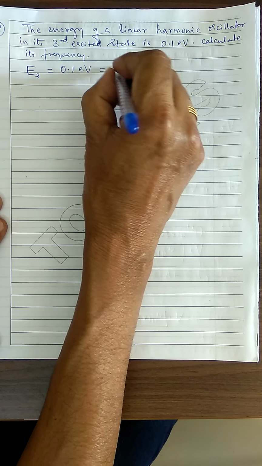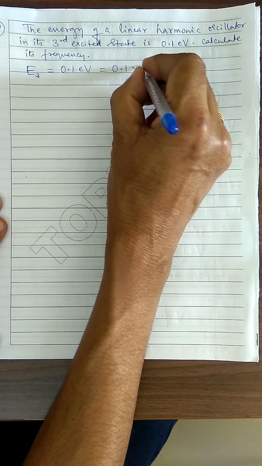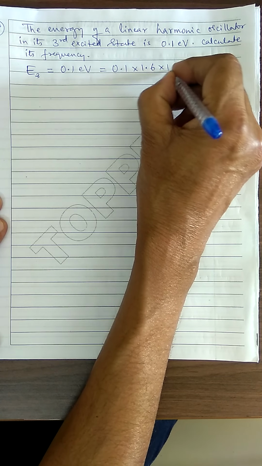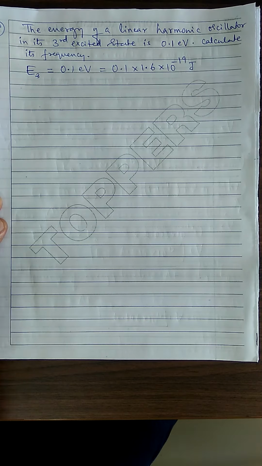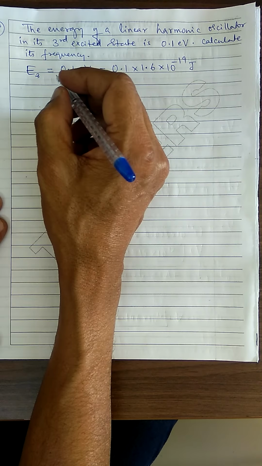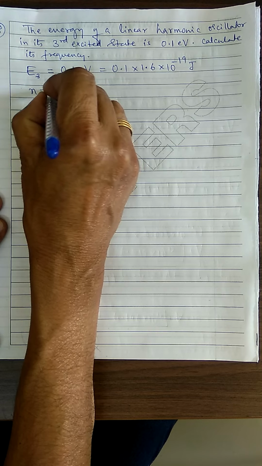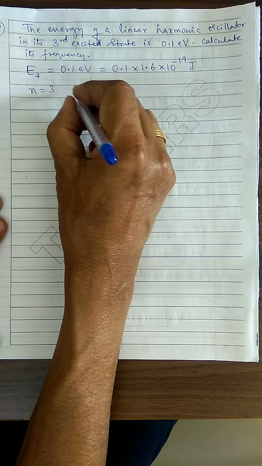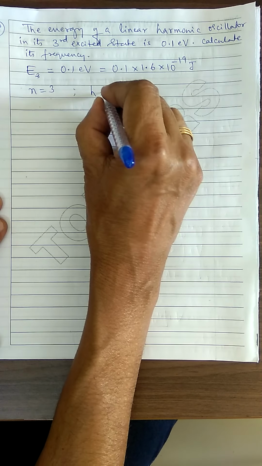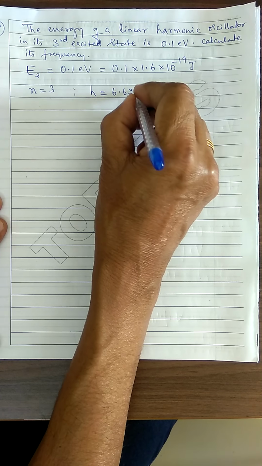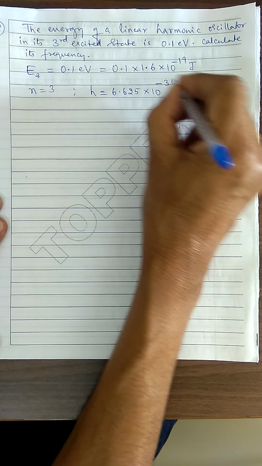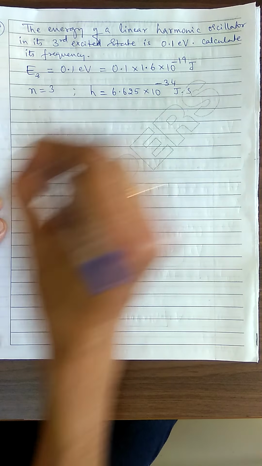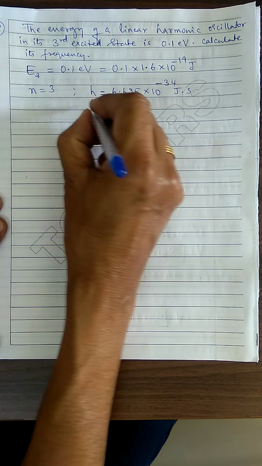Convert the 0.1 eV into joules, multiplied by 1.6 into 10 to the power minus 19 joules. So here n is equal to 3. h value is 6.625 into 10 to the power minus 34 joule second. Frequency is how much?